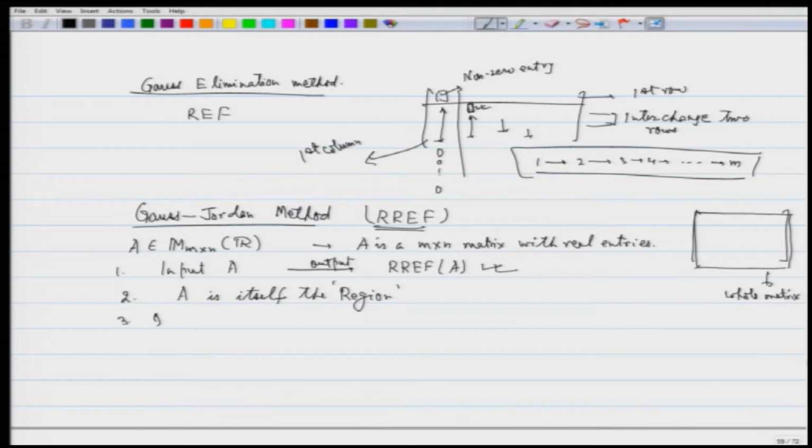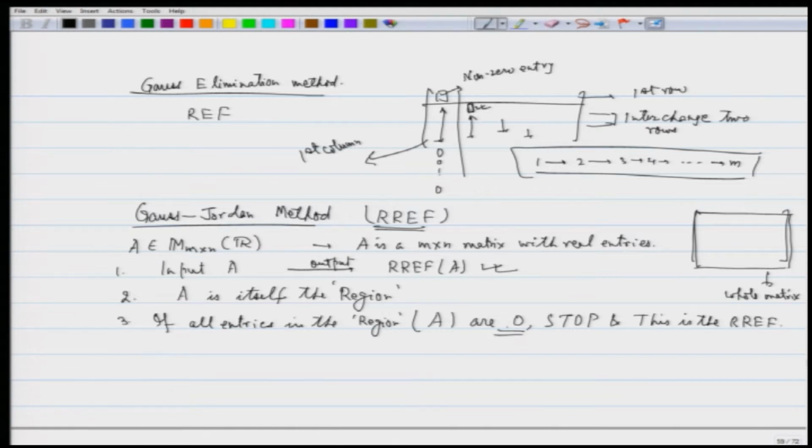Third, if all entries in the region, which is the same as A, are 0, stop, and this is the RREF. So we stop if all the entries are 0.